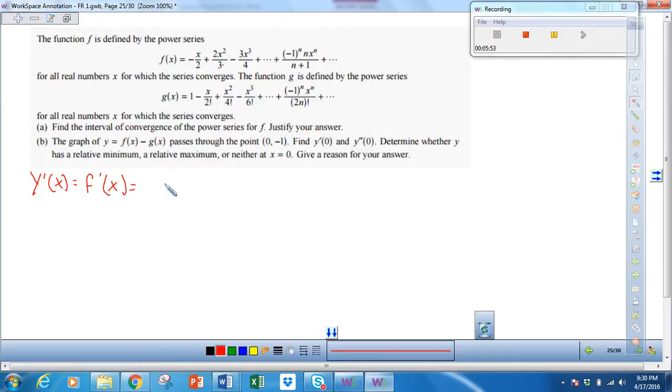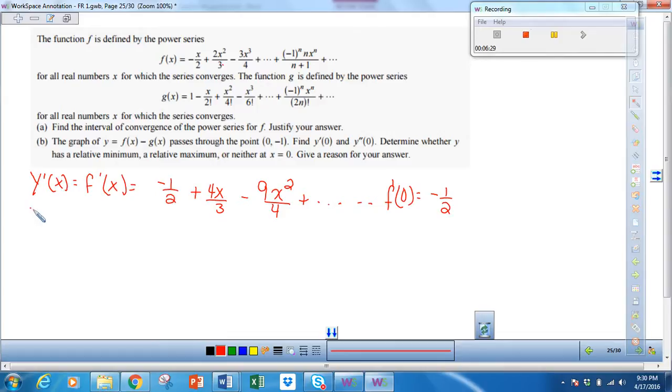So taking the derivative here, I get negative 1/2 plus 4x over 3 minus 9x squared over 4, so on and so forth. Now, when I evaluate that at 0, because each term has an x, all of these terms would zero out, and I would be left with negative 1/2.